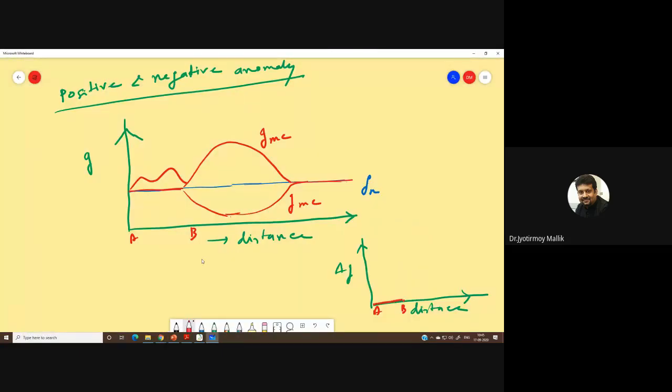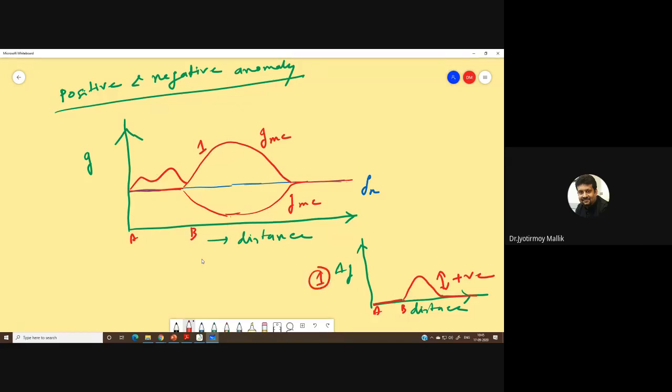For case 1, I will see my delta G going up, and then again it will become 0. So this is my positive gravity anomaly, my case 1.